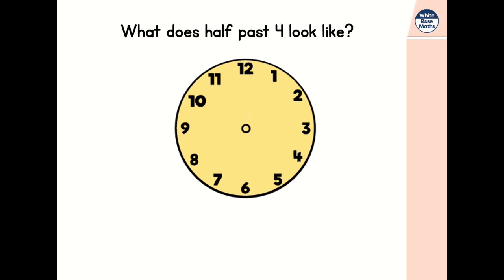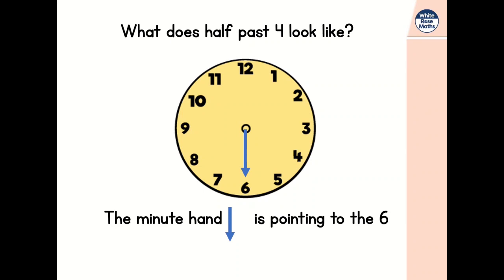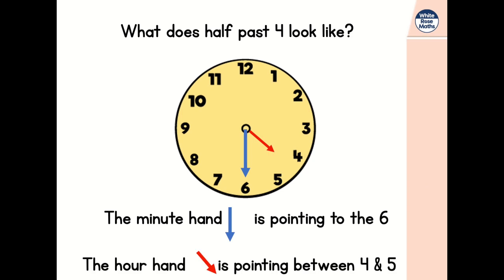What does 4:30 look like? Can you remember that the minute hand would be pointing down to the 6? For 4:30, the hour hand would be pointing halfway between 4 and 5.